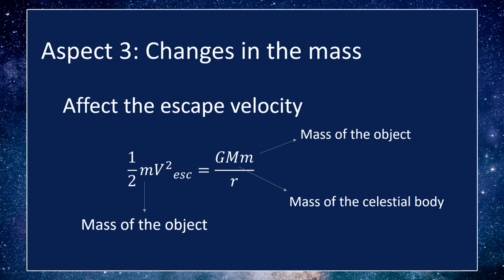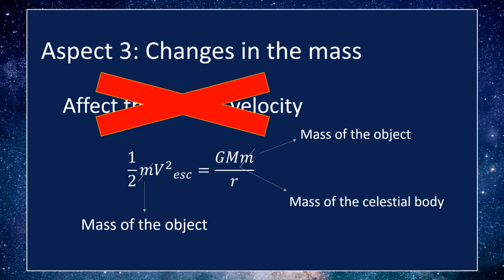And from this equation, we know that the smaller case m represents the mass of the object, then the bigger case of M is the mass of the celestial body. So actually, from here, we can cancel out the mass of the object, which means the mass of the object will not affect the escape velocity.